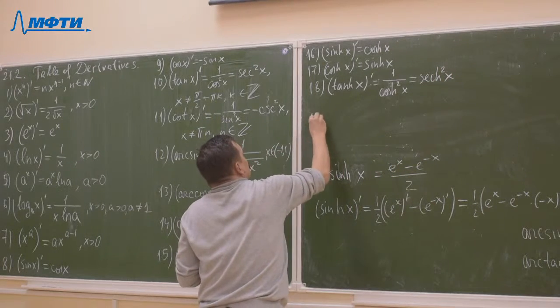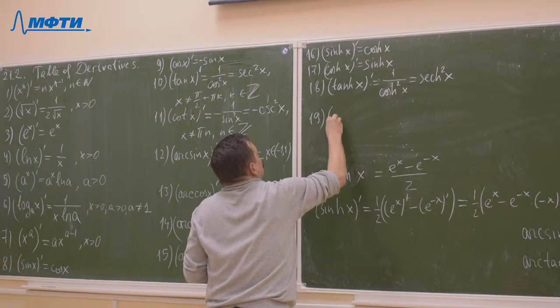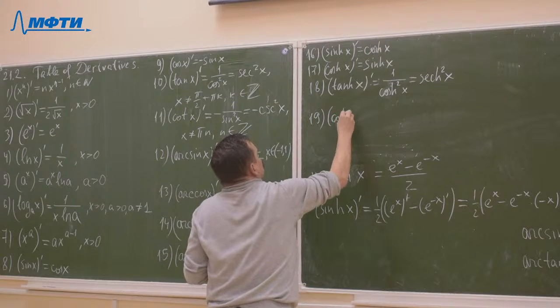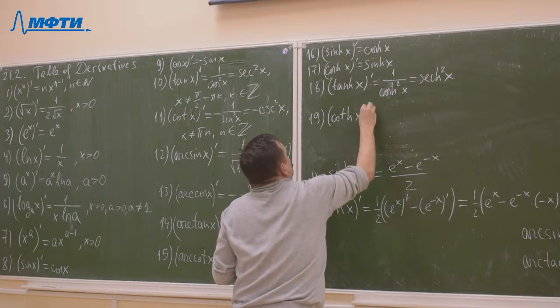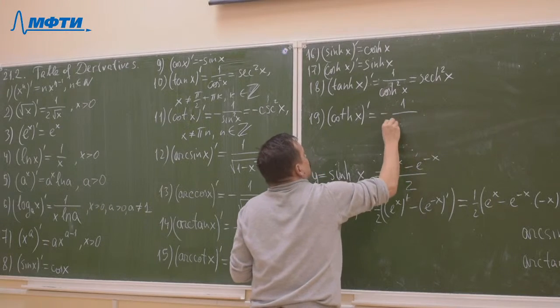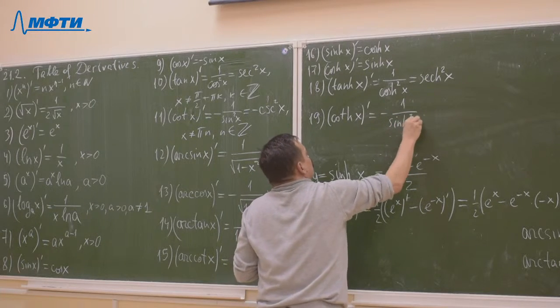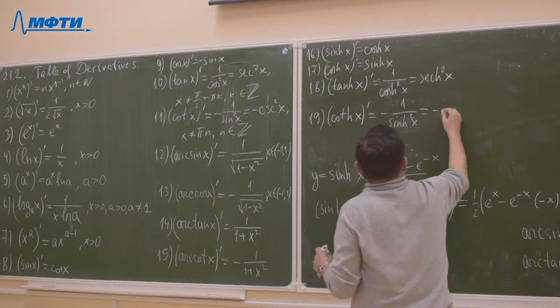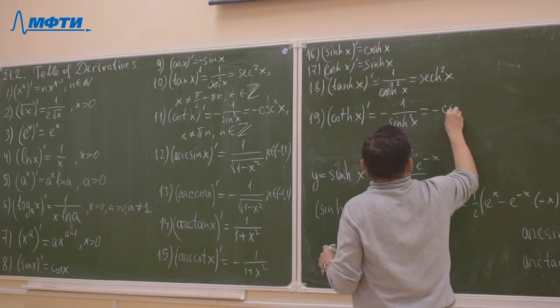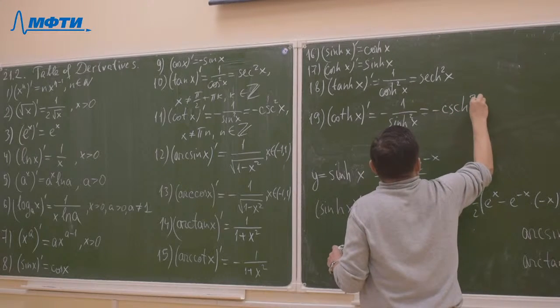And cotan hyperbolic prime is minus 1 over sine hyperbolic squared x, or minus cosecant hyperbolic squared x.